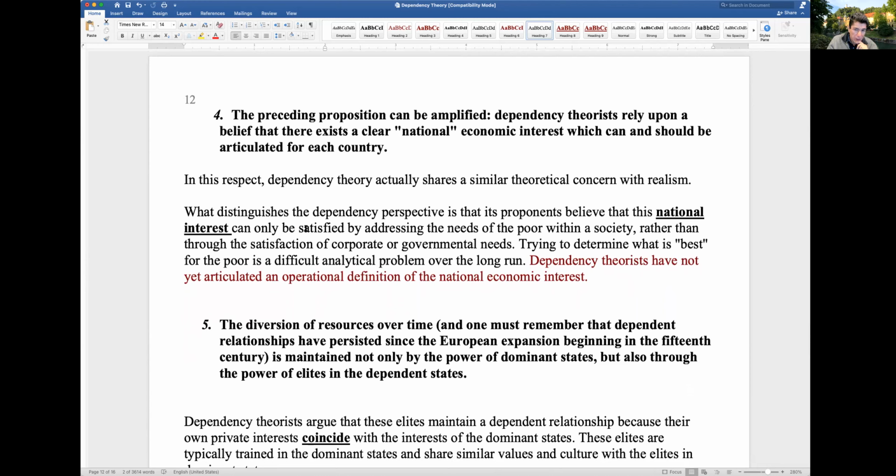Dependency theory has not been able to articulate what this national economic interest should be. In theory it sounds interesting, like a no-brainer, but especially now, defining what's Bolivian or Mexican is very difficult. Let me give you an example.